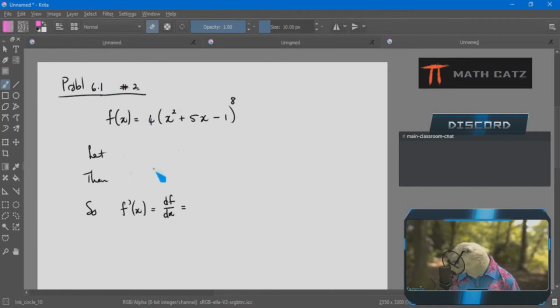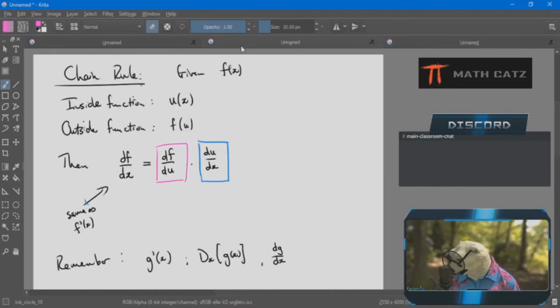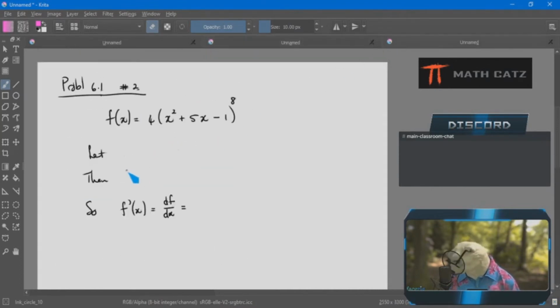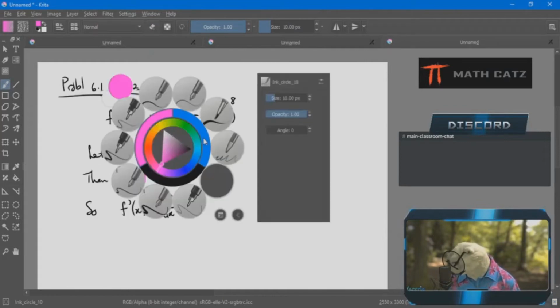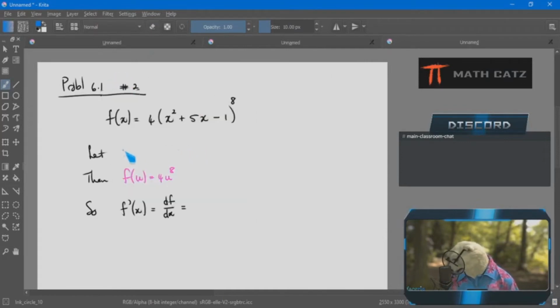Big boo-boo. Okay, we are in pink. We called the outside function pink, so it should be this one. For u to the 8. And then the blue is u. You can call it u as a function of x, which it is. There we go. Back on track. So now the outside function comes first in the setup of the chain rule.